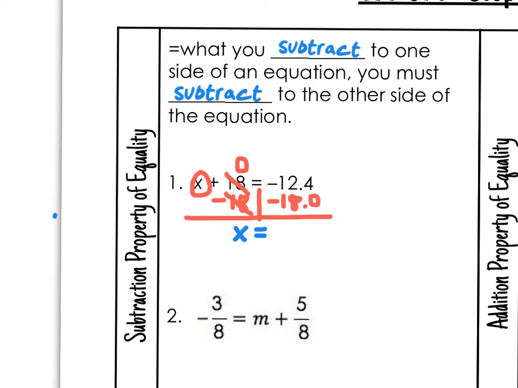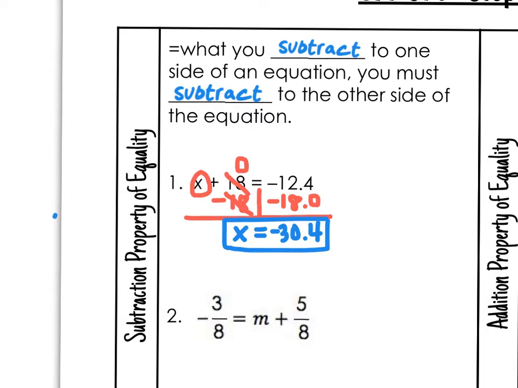Remember, when it's subtraction, we can do keep, change, or what I tell kids at this point, both of these you'll know are negatives. This is a negative, and that subtraction sign is going to make this also a negative. So these are actually the same signs, so we add them and keep the sign. The subtraction in front acts like a negative sign. So we add them, and we have 4, and then the decimal point goes straight down, and then we'll have a negative 30. So x equals negative 30.4.